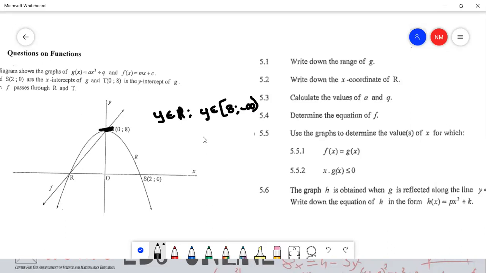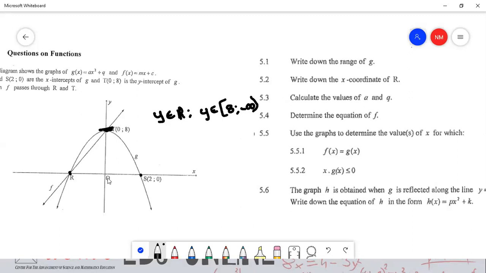Let me just check my chat also. I can't see my chat on here just to check other answers. Okay, let's look at 5.2, the coordinates of R. As I've said, we have another value of x here, another value of x here.